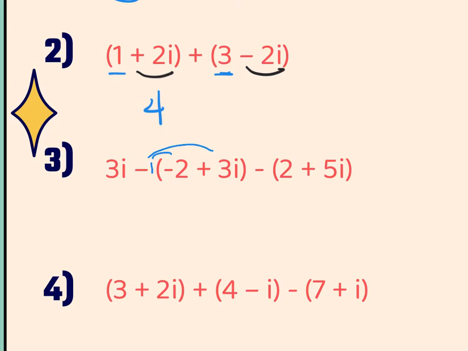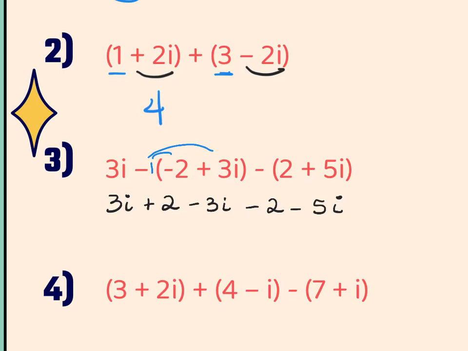So this gives me 3i, and then when I distribute a -1 or the negative sign to a -2, it becomes +2. And then the negative sign to the -3i, same thing on that last set of parentheses, distribute the subtraction sign. Now that I've gotten rid of the parentheses, I'm going to go back and add my like terms.